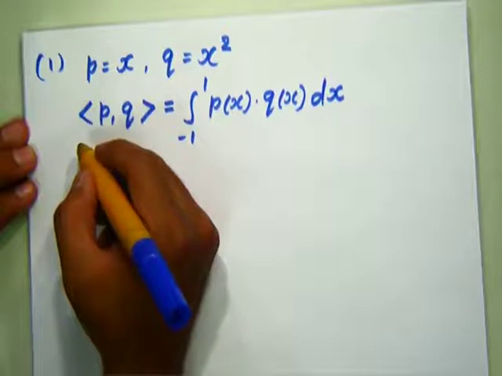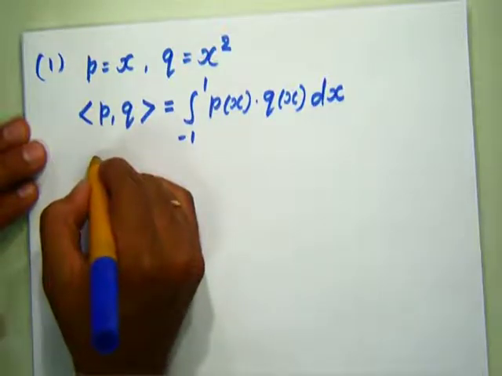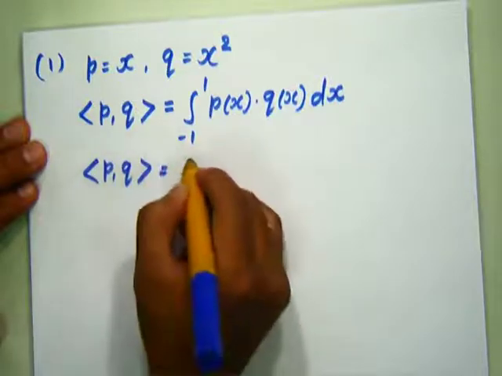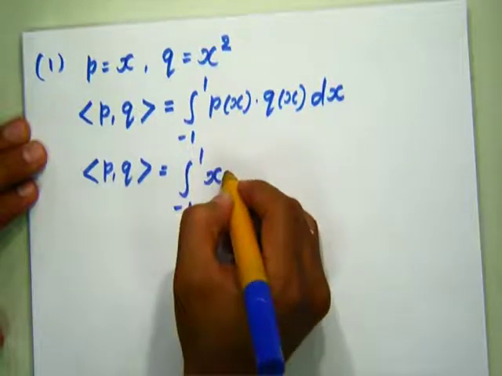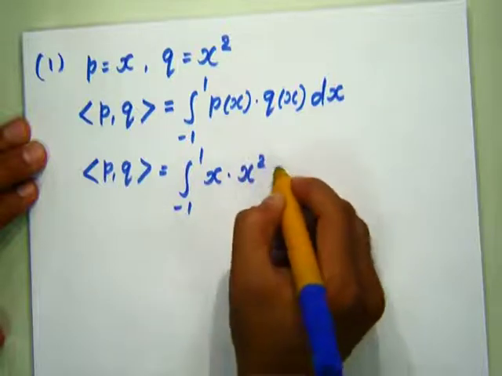And we have to check whether they are orthogonal or not. It means we need to find inner product of p and q. That is integral from minus 1 to 1, where p of x is x and q of x is x square, dx.